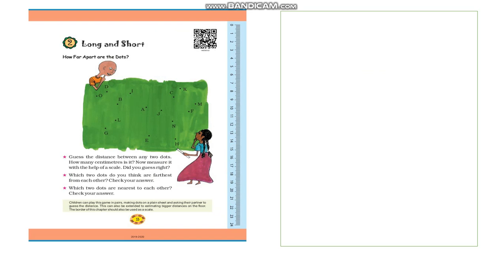Okay, now let's find out, students. You have long and short. In this, you can see how far apart the dots are. These are represented by the alphabets A, B, C, D, E, F, G, H, I, till M, N, O. So in this, you will see a number of dots.